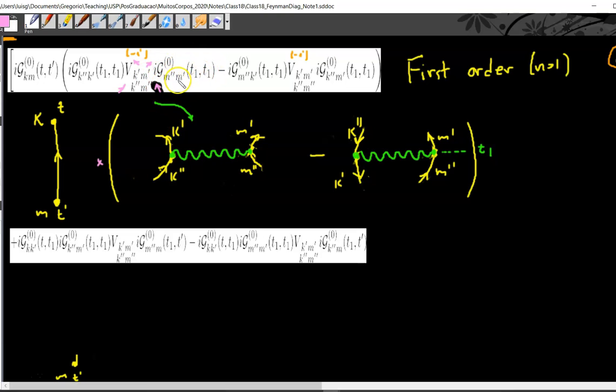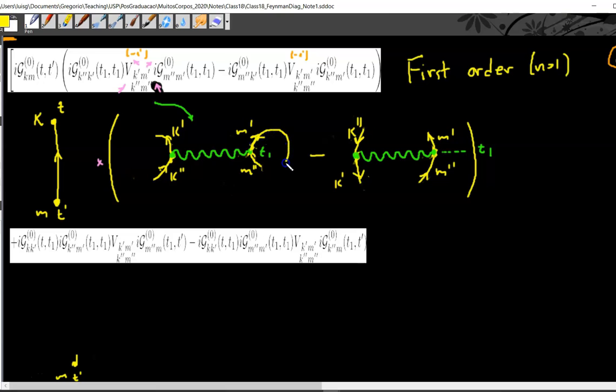So I need a line that propagates from m prime at t1, and t1 is going to be this point here, propagating from m prime to m double prime, but I have to go back to the same t1. So this will naturally involve a loop, right? If I propagate from one time to the same time, I have to go back to itself, so it's going to be a loop. This loop is going to look like this.